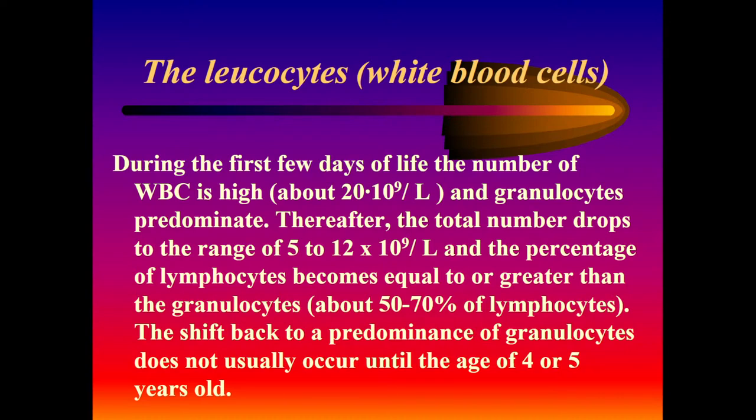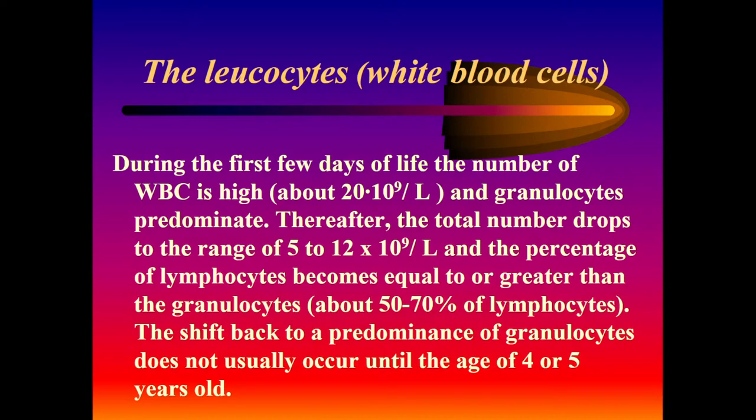Thereafter, the total number drops to a range of 5 to 12 times 10 to the 9th per liter, as the percentage of lymphocytes becomes equal to or greater than granulocytes, about 50 to 70% lymphocytes.